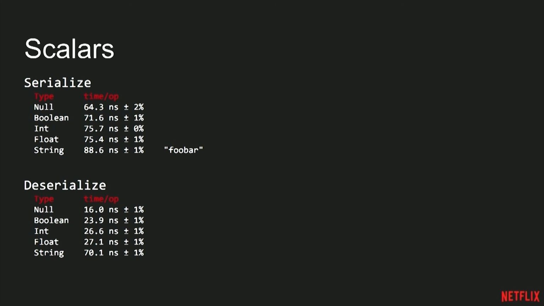So for integers, it's not that much slower than a Boolean. And this is because Intel is amazingly good at doing superscalar execution when you have shift and OR and shift and OR and shift and OR, and they do this extremely fast. Also the string is just 6 bytes long. It's going to go up as you have longer strings. I don't have any other numbers for longer strings, but it's just going to go up.